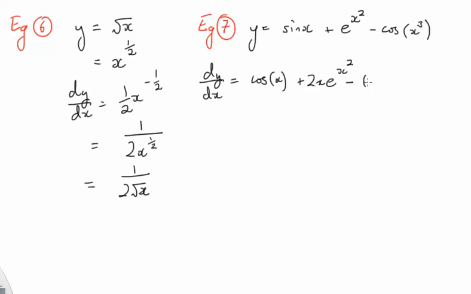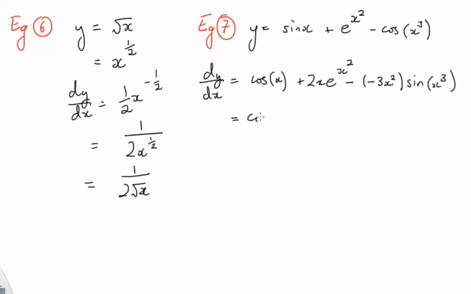So we're going to put a negative 3x squared, because remember cos diffs to negative sine x cubed. Alright, so I've taken the derivative of that, put it out the front, and I've got the negative sign there as well. Look back at the derivative of cos if you're confused where that comes from.